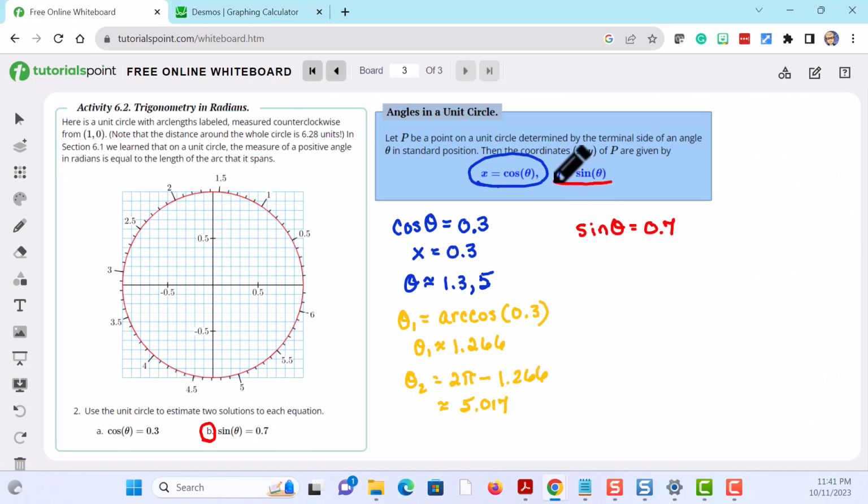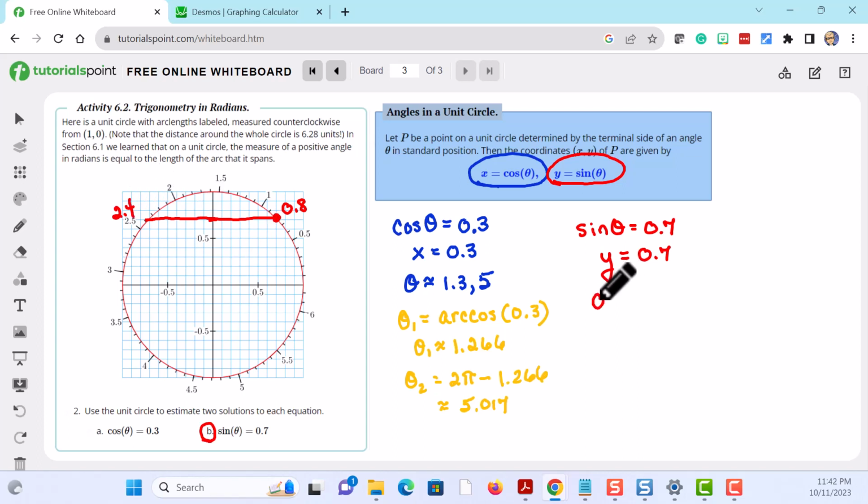For part B, we want to solve the equation sine theta equals 0.7. And according to our definition, y is equal to sine of theta. So we want to figure out where y is equal to 0.7. So this time we locate 0.7 along the y-axis. We look horizontally across. And this time one of our solutions is about 0.8, and the other solution is right before 2.5 at 2.4.